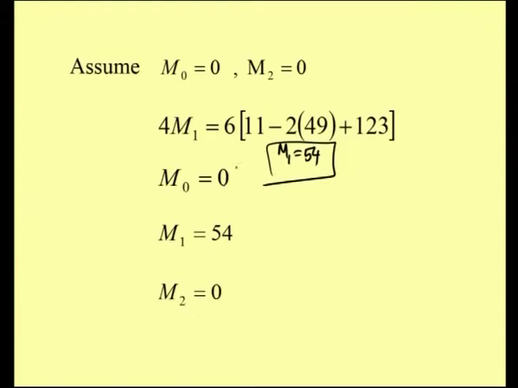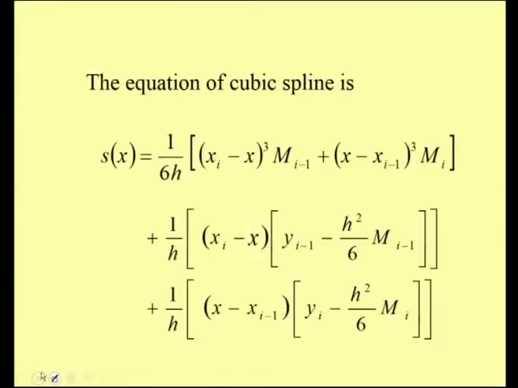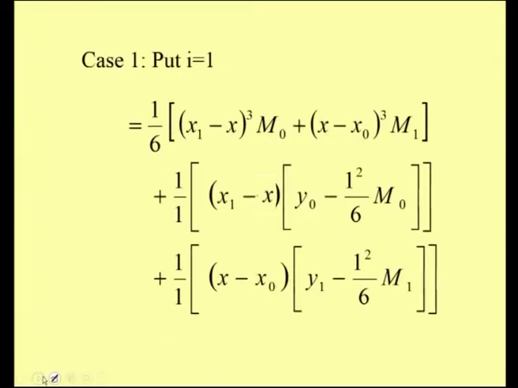So, we have the 3 initial values: m0 is 0, m1 is 54 and m2 is equal to 0. Now, the cubic spline equation is given like this from the general equation s of x. We will find s of x when i is equal to 1, that is, for the first interval, x0 comma x1.